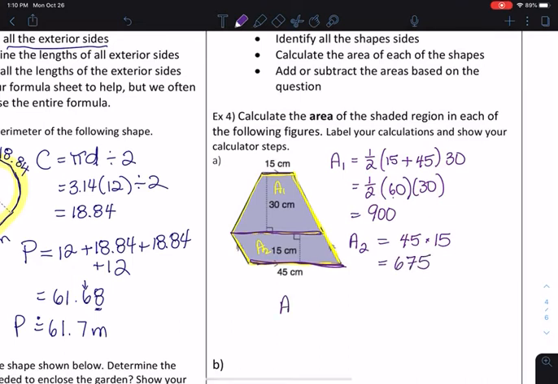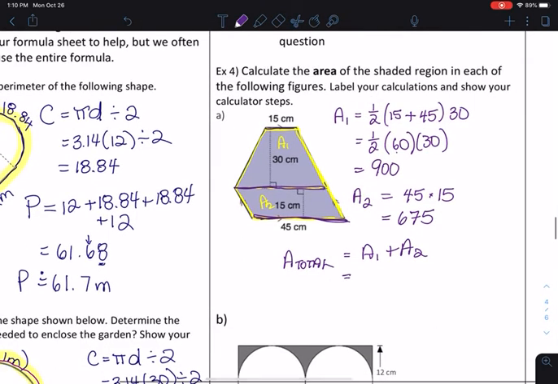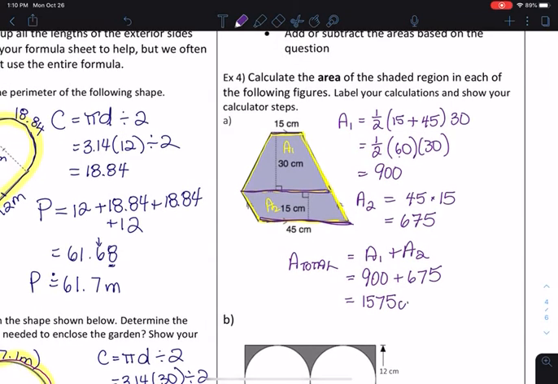So the area total is going to be A1 plus A2, area 1 plus area 2, and I'm adding them because they're two pieces that I put together. And I'll do 900 plus 675 to give me 1575, and my units are squared, so in this case centimeters squared. So that's my area of the first figure.